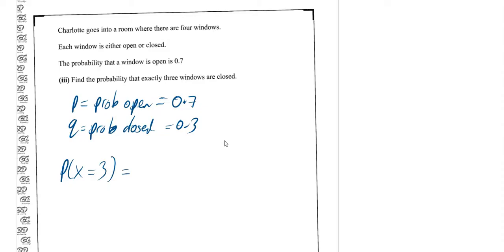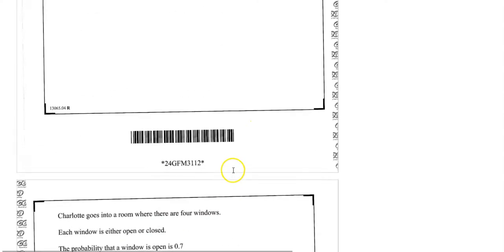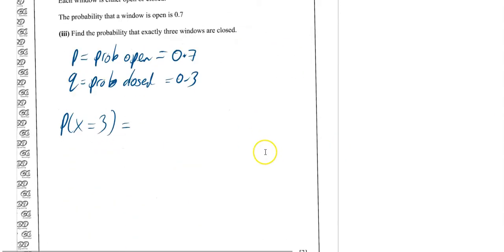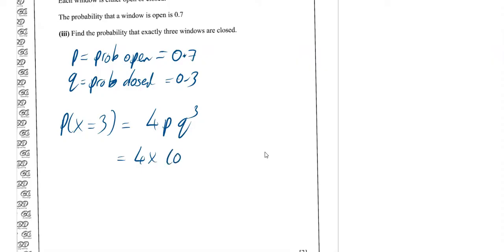So we're looking for, if we go back to this, exactly 3 closed, so we want the power of this thing to be 3. So q to the power of 3, so it's going to be this one we're looking for, so it's 4p times q cubed. 4p times q cubed, which is going to be 4 times brackets 0.7, that was your p, times your 0.3 to the power of 3.